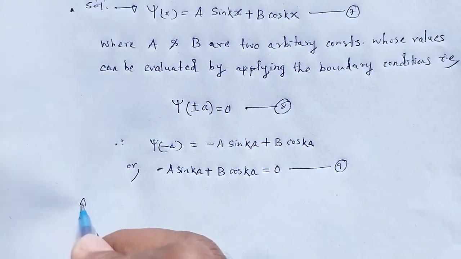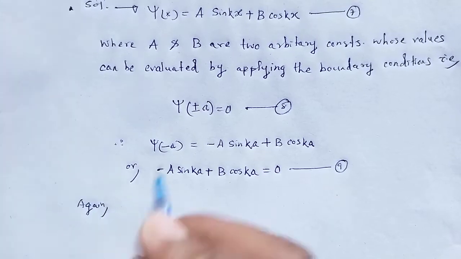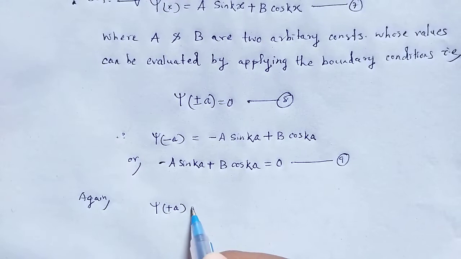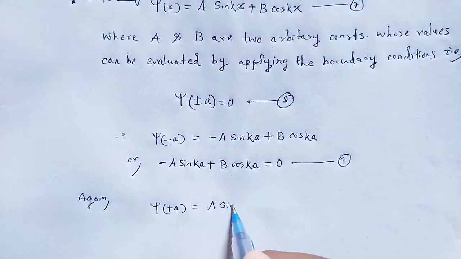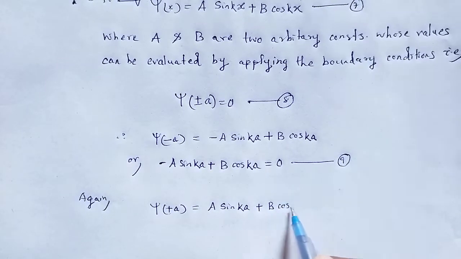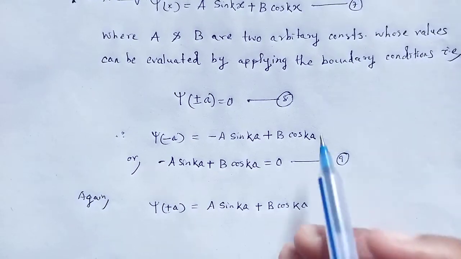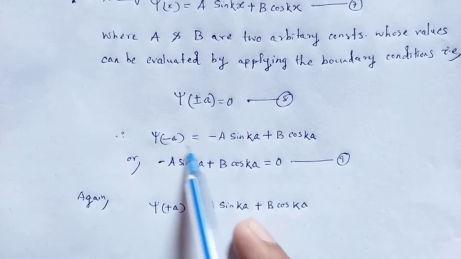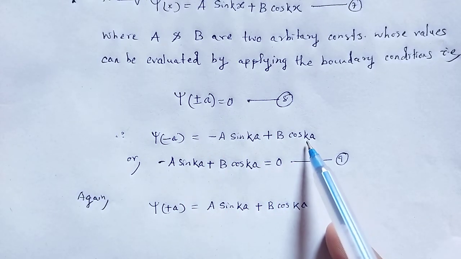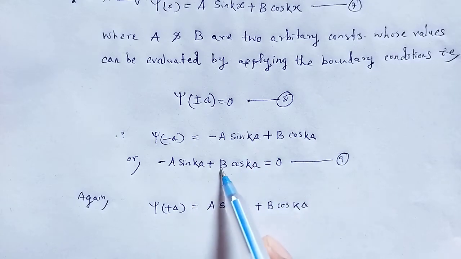Again, when we put plus a, psi at plus a, that is a sin ka plus b cos ka. Here, cos of minus a is cos a, therefore that is positive.